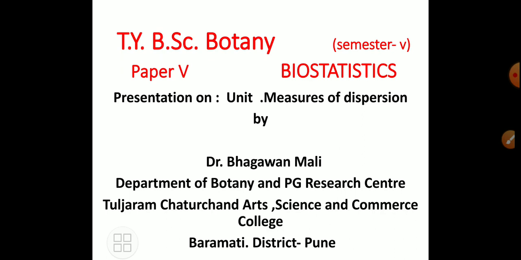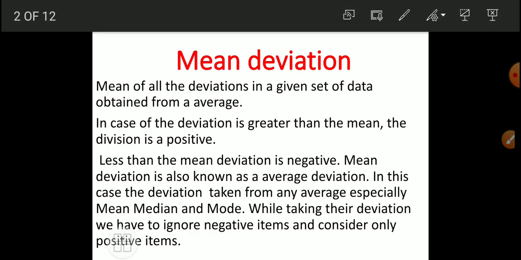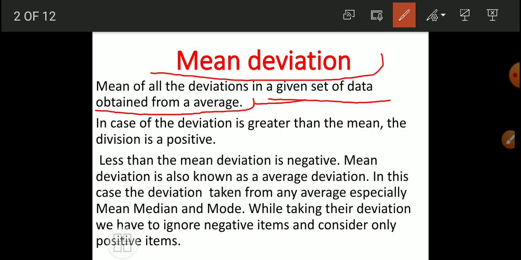Now, in today's lecture, we have to get an idea about the mean deviation. Mean deviation is the mean of all the deviations in a given set of data obtained from an average. If the deviation is greater than the mean, the deviation is positive.